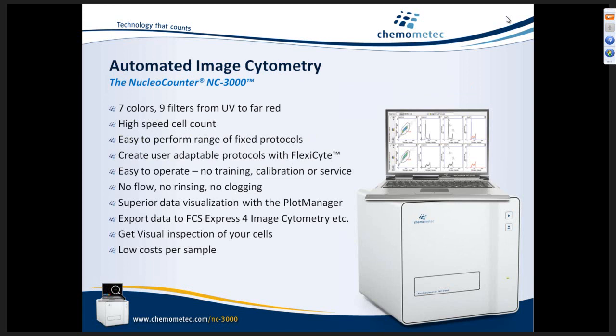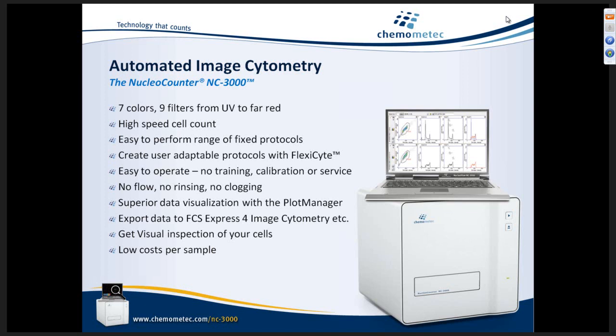And we have high-speed cell count, the main application of the instrument for many users, but also a wide range of fixed protocols, a lot of apoptotic assays, annexin V, caspases, and mitochondrial potential, and so on, along with GFP analysis and cell cycle. On top of that, we have the open FlexiSite side, where you can analyze your own samples with your own fluorophores, creating protocols for the NC-3000.